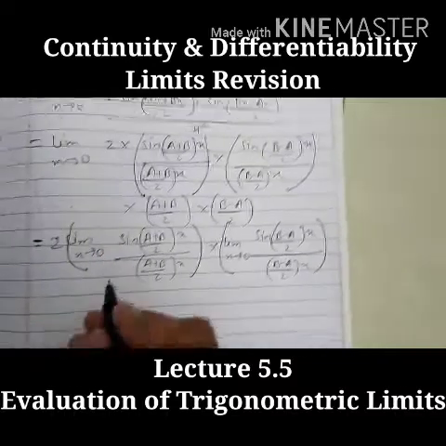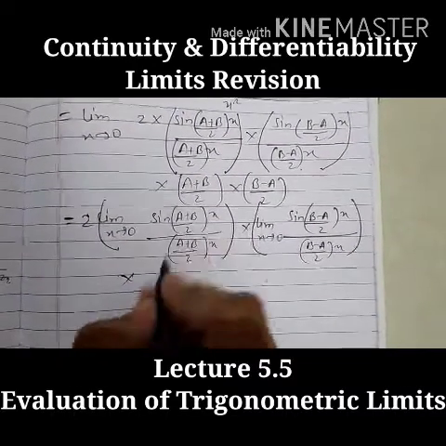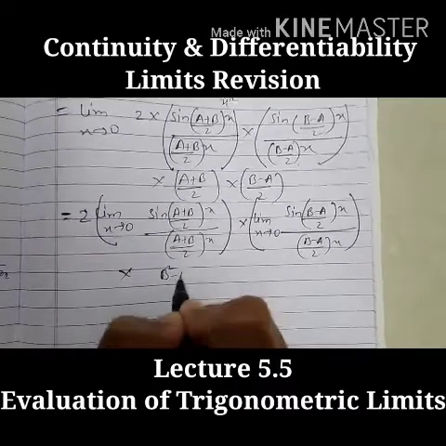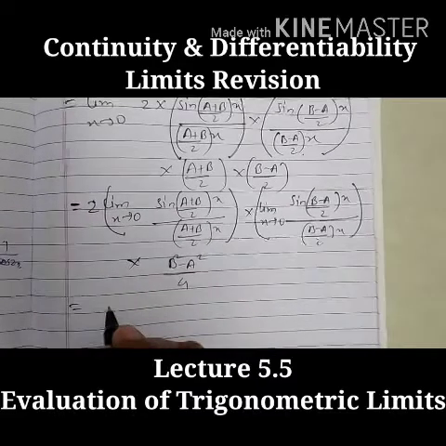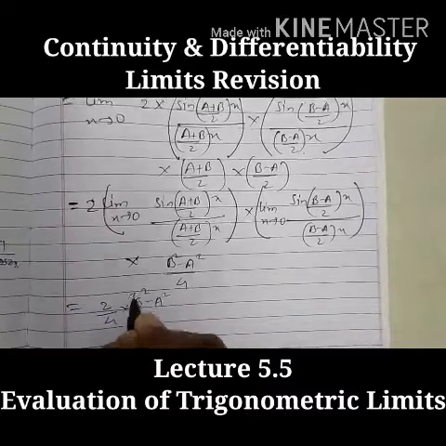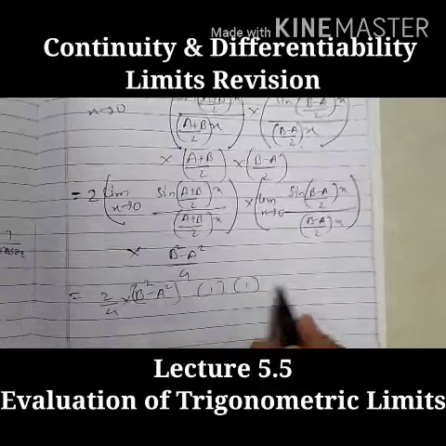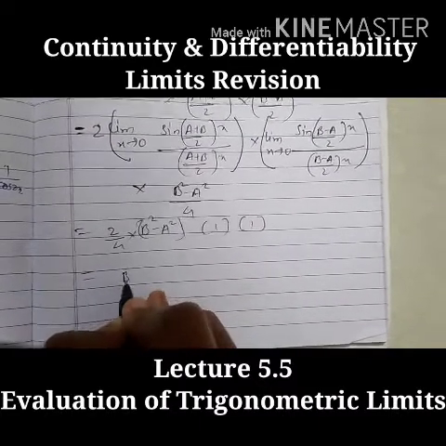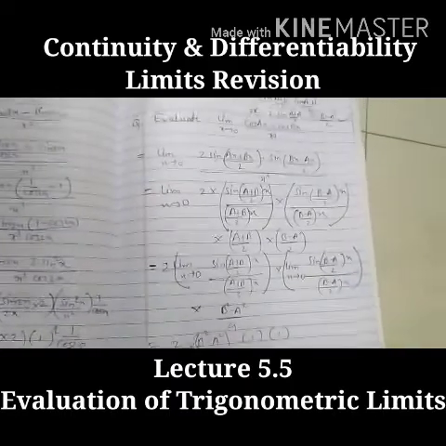Into, now limit of this constant will be the same. So a plus b into b minus a will be b square minus a square upon 4. So in the next step 2 upon 4 into b square minus a square, limiting value 1, here also limiting value 1. So 2 upon 4 is 1 upon 2, so it will be b square minus a square upon 2. Understood, student? Any doubt in this?